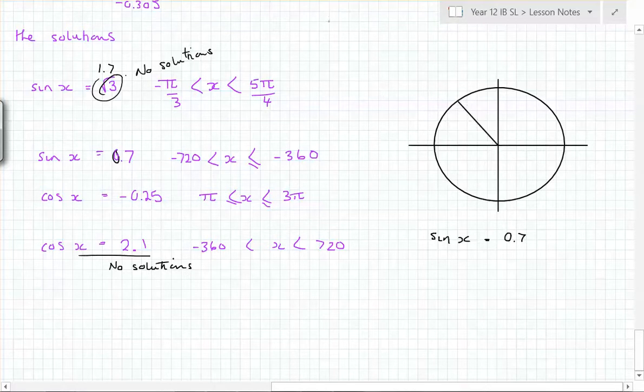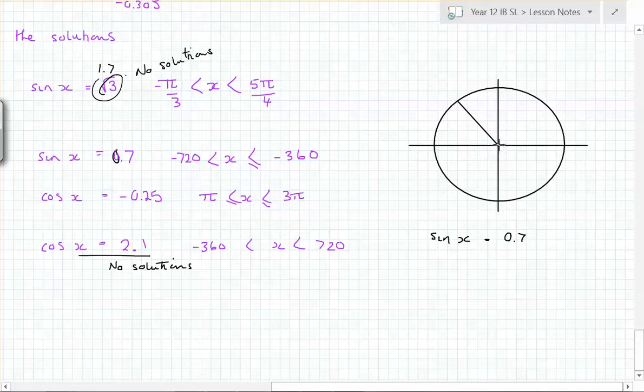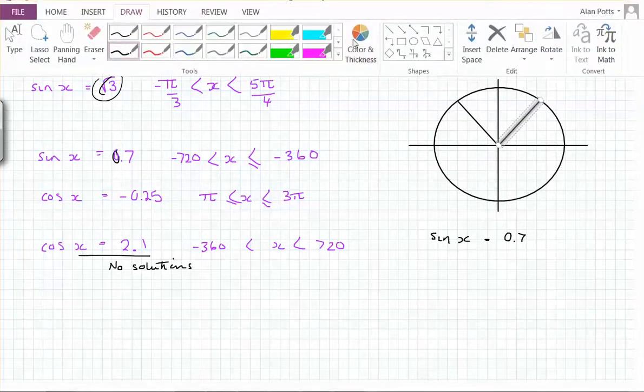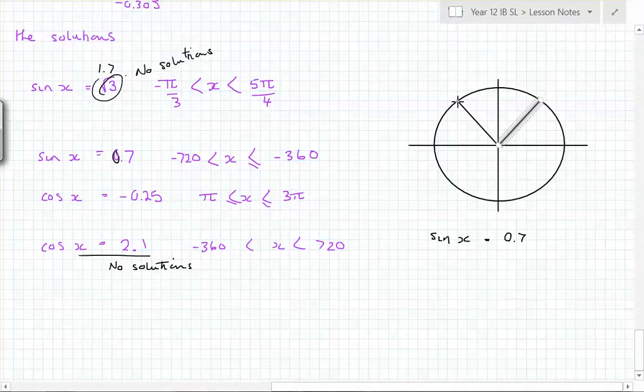It's not far. So that would be a positive sine, and this would also be up here, positive sine. Just to remind you that the sine distance is this distance here, isn't it? Do you remember that? So if sine is positive 0.7, I only need a positive 0.7 distance. Alright?